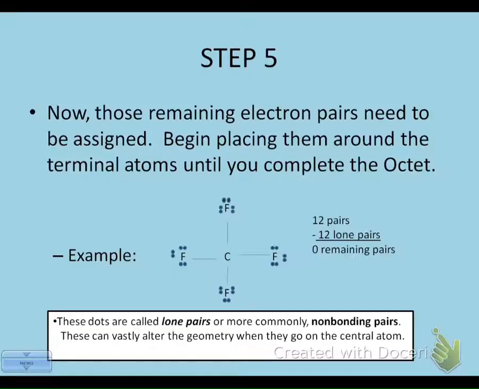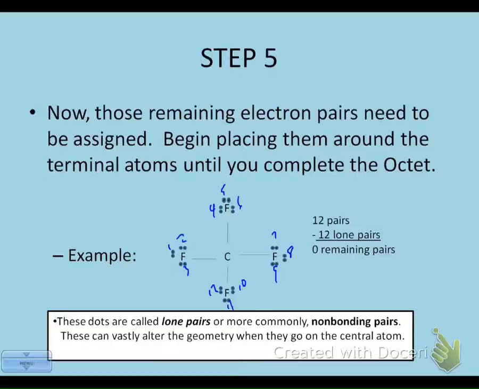Now, in step 5, we've taken those remaining pairs, those 12 lone pairs, and I've assigned them around the terminal atoms. And that's the way you do it first. You start with the outside. You fill up the terminal atoms first. So I went 1, 2, 3, 4, 5, 6, 7, 8, 9, 10, 11, and 12.